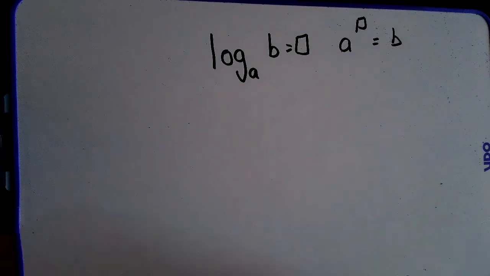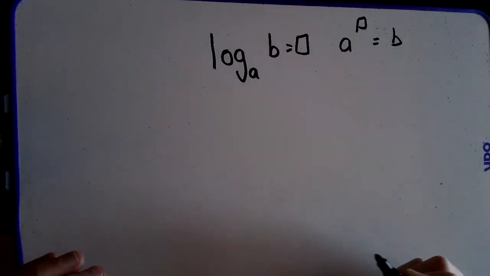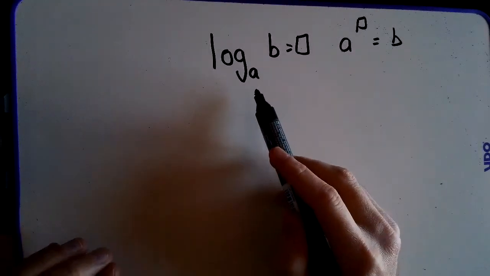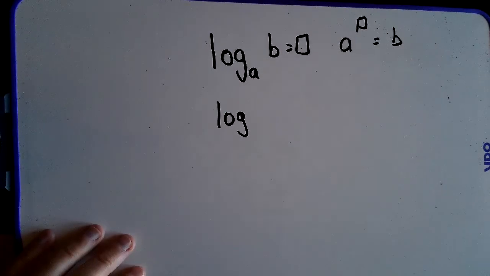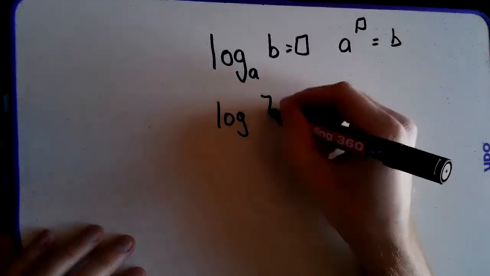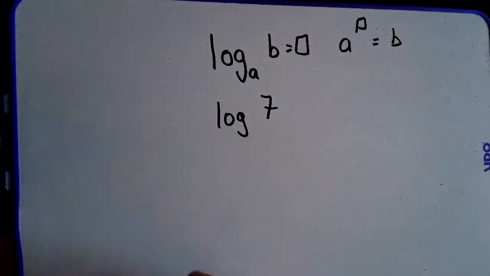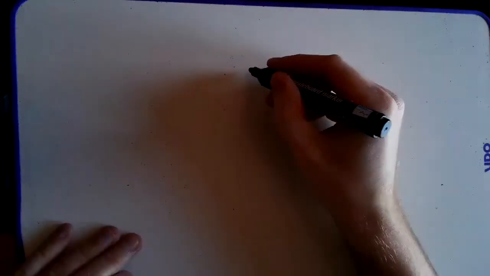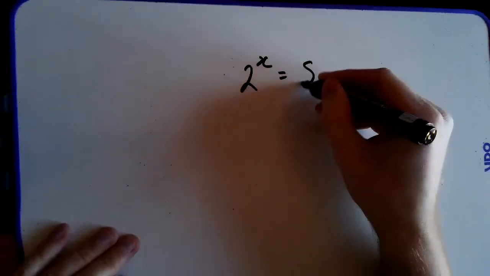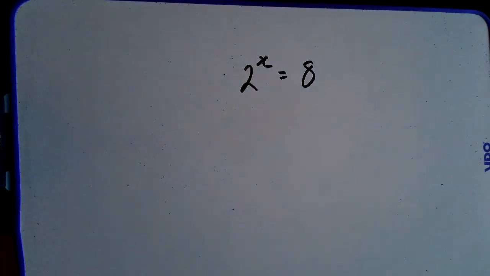Now if we don't really care about what the base is, we might just write log, like log 7, for example, without a base. That could be used if I'm solving something simple like 2 to the x equals 8. You should be able to spot just by looking at it that x is 3.